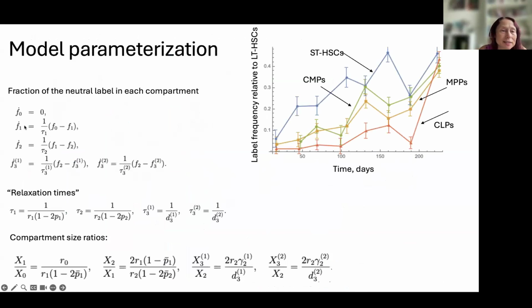So when we rewrite the system in terms of the fractions of the neutral label in each compartment, we get a linear system. And you can see that there are not so many parameters in the system. There's one here, one here, one here, and one here.